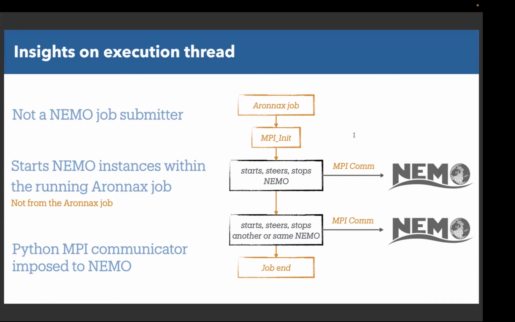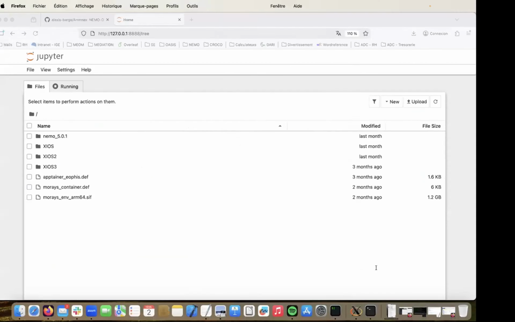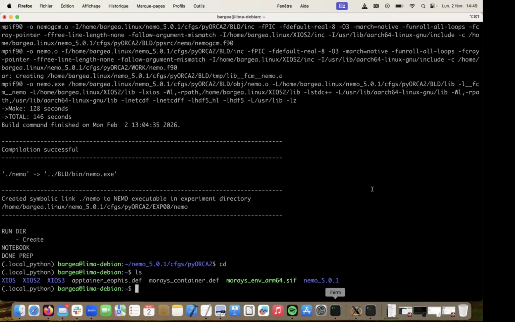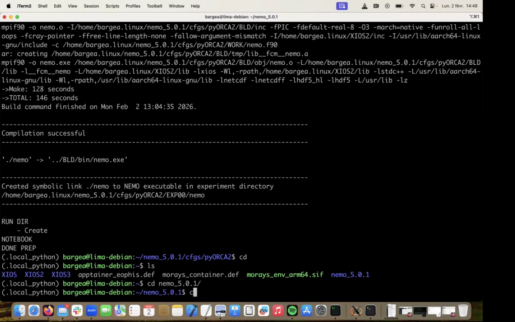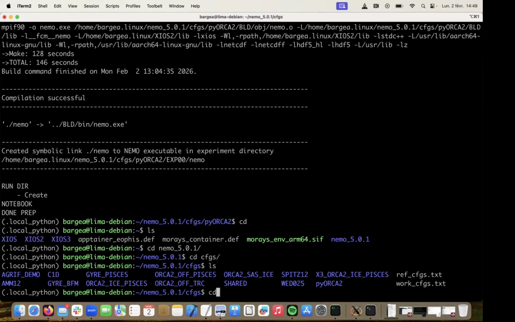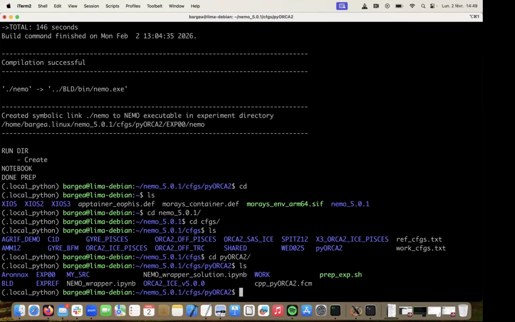Now let's go for the demonstration. Let me zoom a bit. For those who are not familiar with NEMO, we have a copy of NEMO right here, and I'm in the experiment directory of Orca. It's Orca2 here, but it works the same with Orca1.